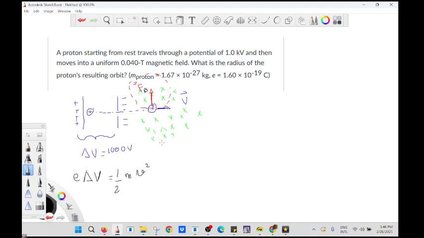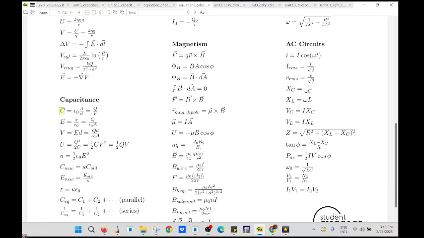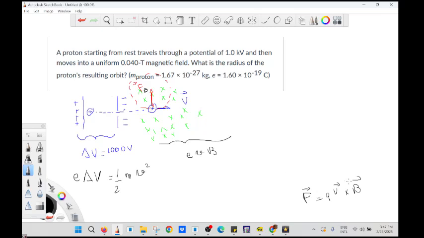And for that phase here, we have the force, the magnetic force equals E V B, because remember the magnetic force is Q V cross B. It's a cross, so it means it's perpendicular.